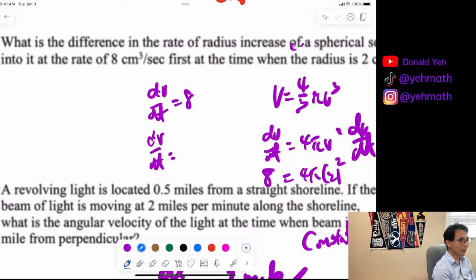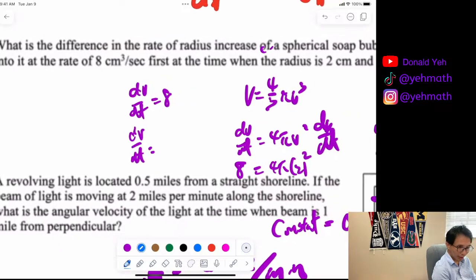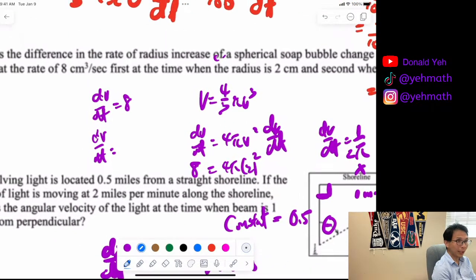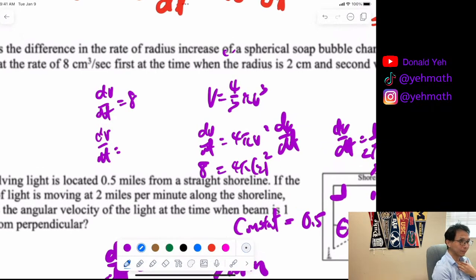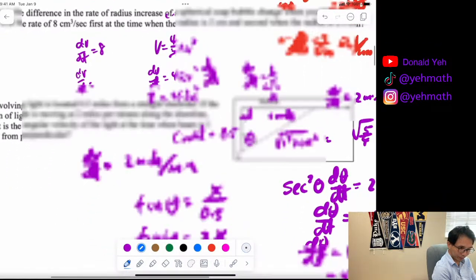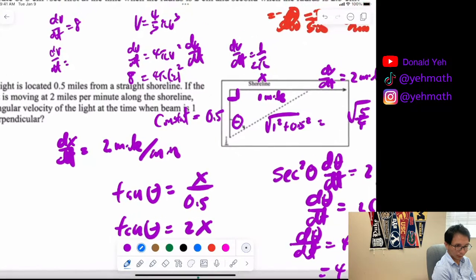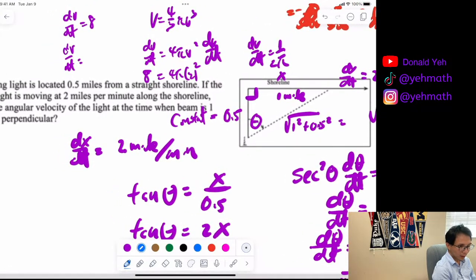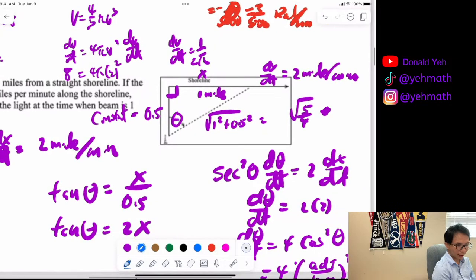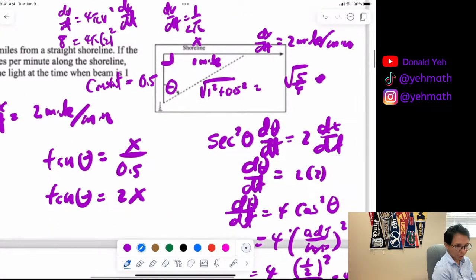Okay, did you get 4 over 5 or no? You did? Okay, so here's the work. Did you set up the trig ratio? Tangent is correct. So tangent theta equals x over 0.5. If I take a derivative on both sides, I get secant squared theta d theta dt equals 2 dx dt, and then 2 times 2.